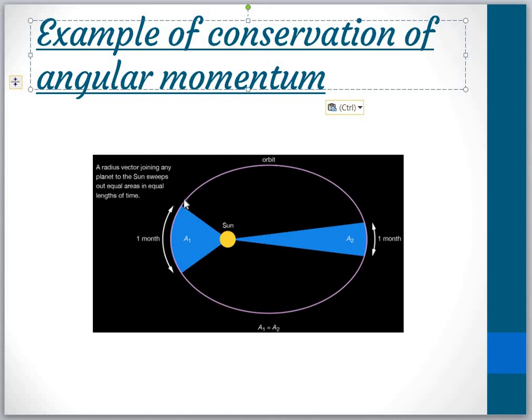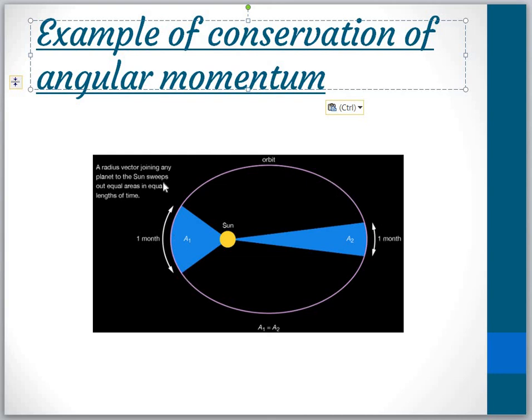So the planet has to travel with more speed to cover this large angular distance. This is a small angular distance, so it can move slowly to cover this, and has to travel with more speed to cover this large distance.